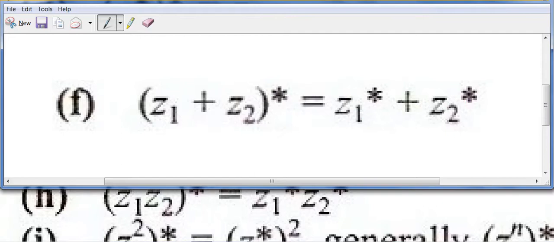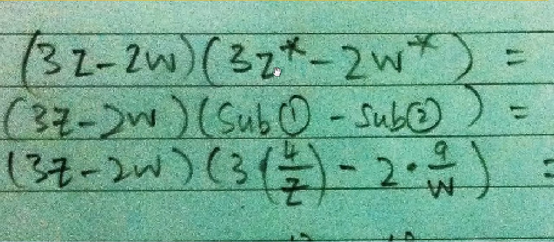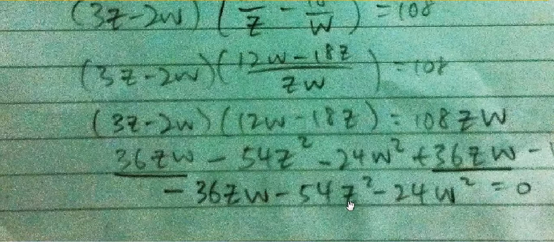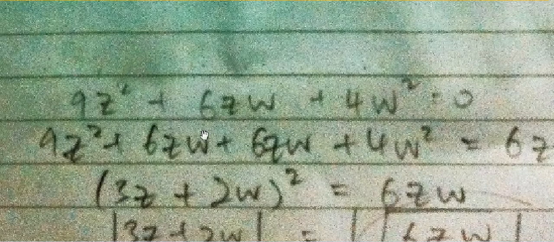Since you have already found what z conjugate and w conjugate are, sub them in to get 3 times 4 over z and 2 times 9 over w. Simplifying the equation, you should end up with minus 36zw minus 54z squared minus 24w squared equals 0. And that would be the same as 9z squared plus 6zw plus 4w squared equals 0.